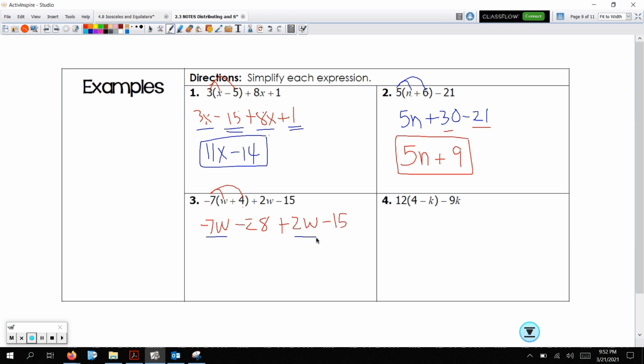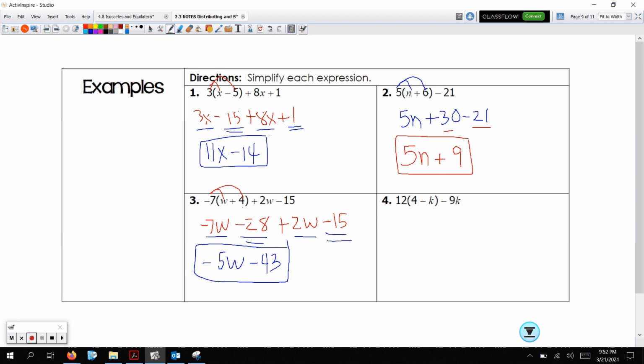That gives me negative 5w. Negative 28 and negative 15. I better get out my little calculator for that, because I don't want to make a mistake. So negative 28 minus 15 gives me negative 43. That's as far as I can go with that.